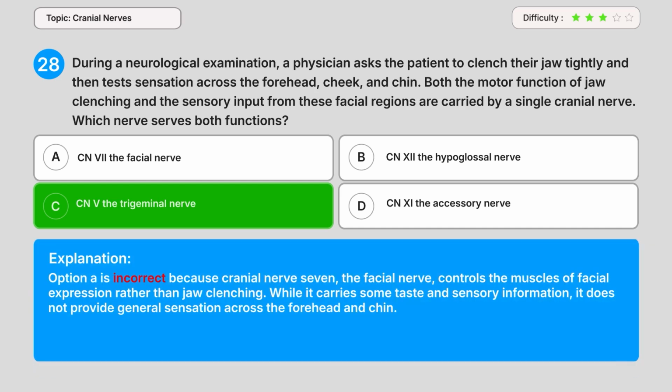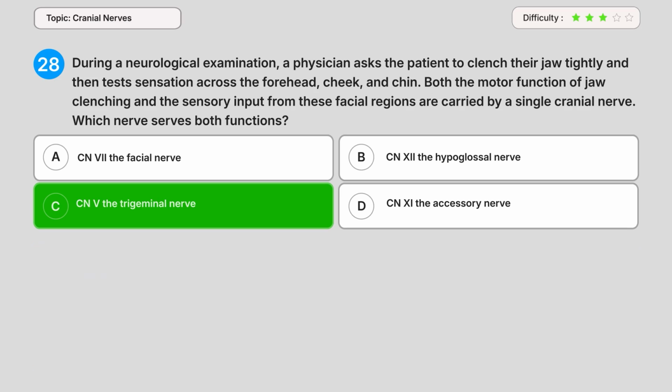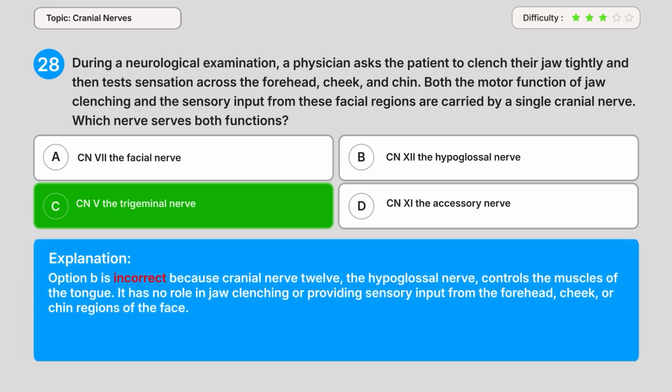Option A is incorrect because cranial nerve 7, the facial nerve, controls the muscles of facial expression rather than jaw clenching. While it carries some taste and sensory information, it does not provide general sensation across the forehead and chin. Option B is incorrect because cranial nerve 12, the hypoglossal nerve, controls the muscles of the tongue.